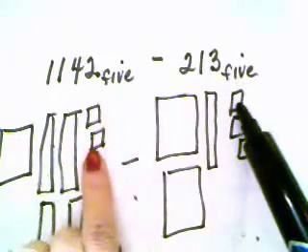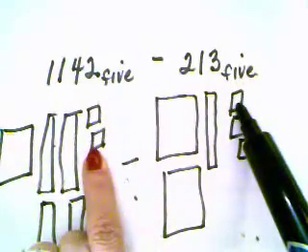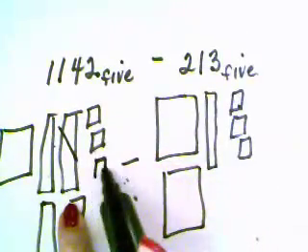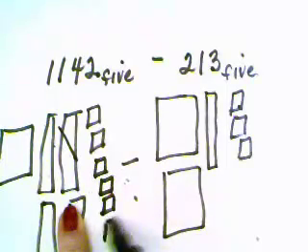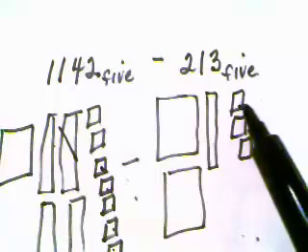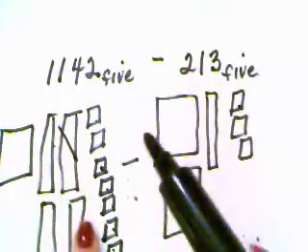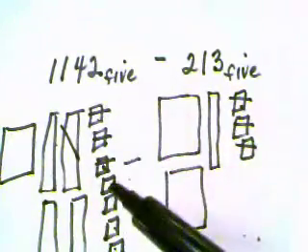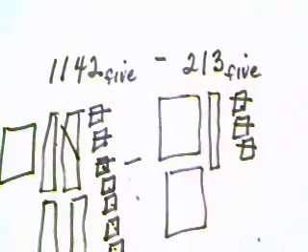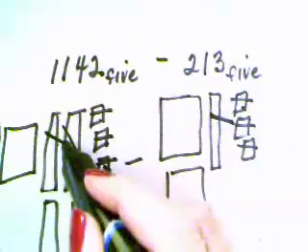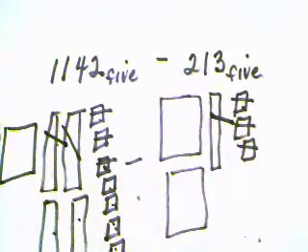So I can't take 3 units from 2, but if I take a long and rename it as 5 units, now I can take 3 away from the first, and what I have left is 4 units. I can take a long away, and what I have left is 2 longs.